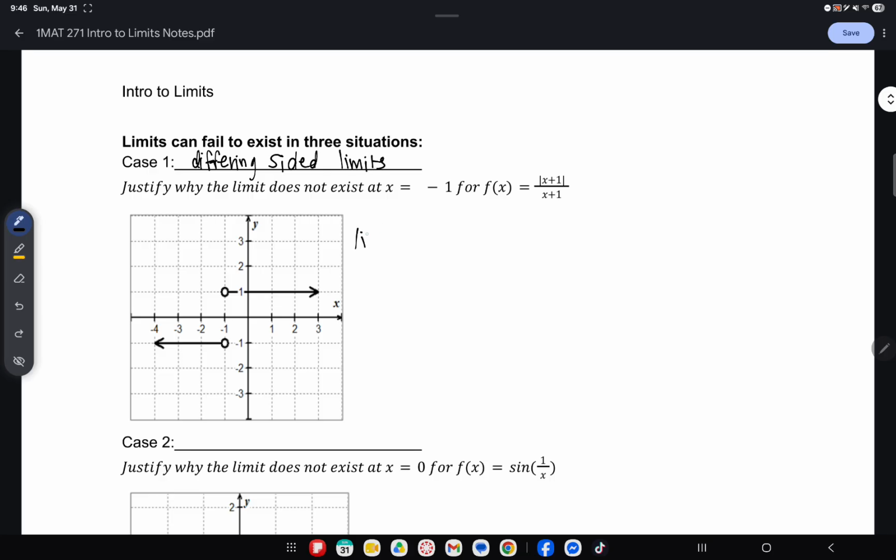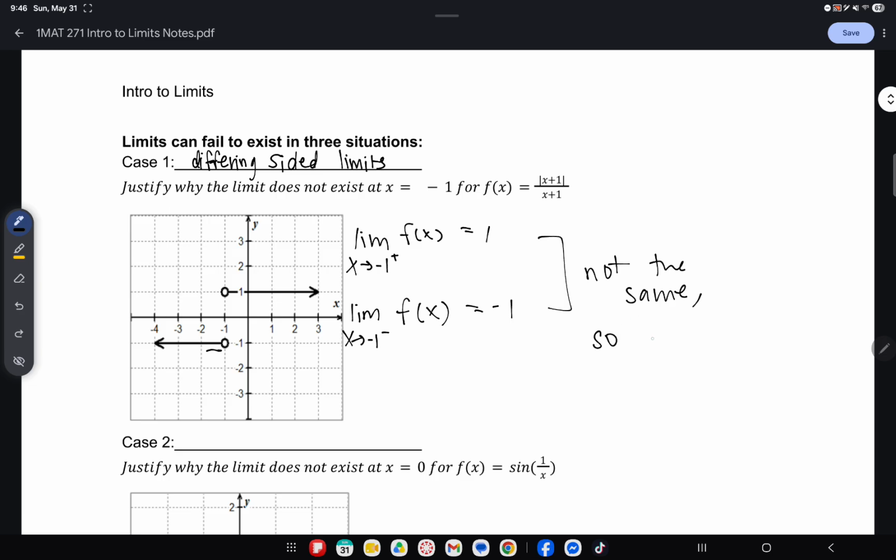So in this case, the limit as x approaches -1 from the right is +1, but the limit as x approaches -1 from the left, it's down here, that's -1. These are not the same. So the general limit, the limit as x approaches -1 for the function, does not exist.